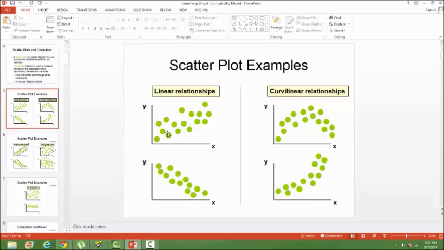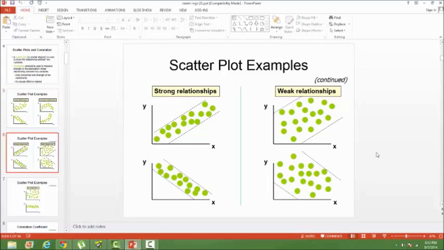We can take inference out of it by looking at the graph. If x increases and y increases, there is a direct or positive relationship. If x increases and y decreases, then there is an indirect or negative relationship between the two variables.